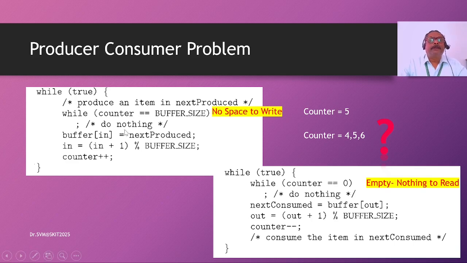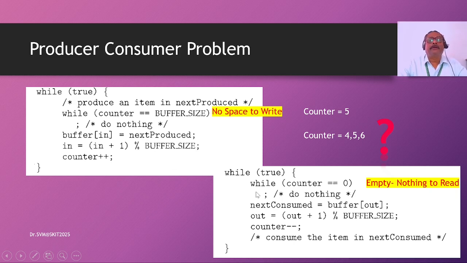What is actually happening? We assume that now counter is 5 and producer will produce one item and then consumer will consume one item. So if producer produces one item, then counter should become 5 plus 1, 6. That's what the counter plus plus is saying.